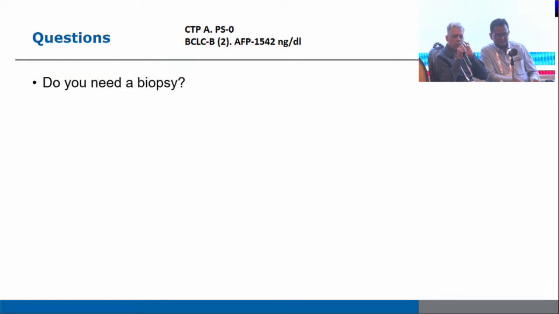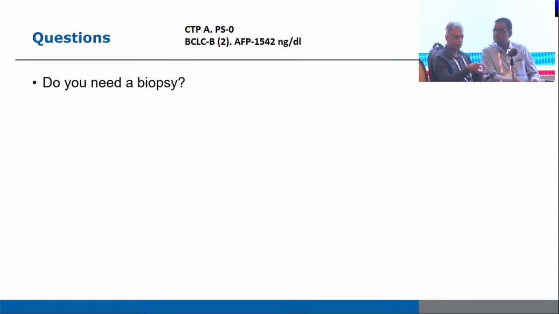In a patient with a non-cirrhotic liver where the LI-RADS criteria don't fit, or a lesion showing something like an LR-M, where I'm not clear whether features suggest a cholangiocarcinoma, or the imaging is not LR5, then definitely we can consider biopsy.